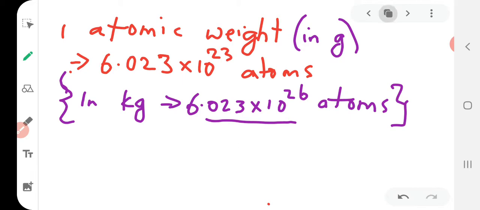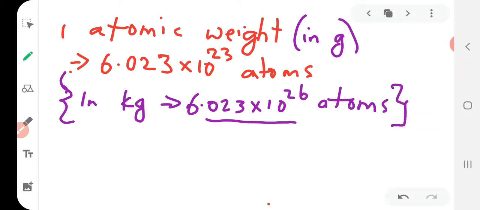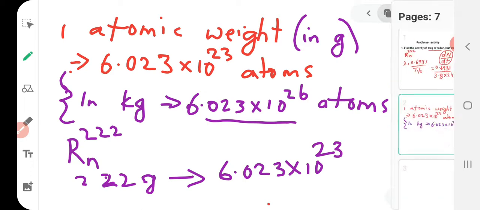Here the question is about radon and its atomic weight is 222. So 222 gram of radon contains 6.023 into 10 raised to 23 atoms. Here we are taking grams, so the number of atoms will be 6.023 into 10 raised to 23.